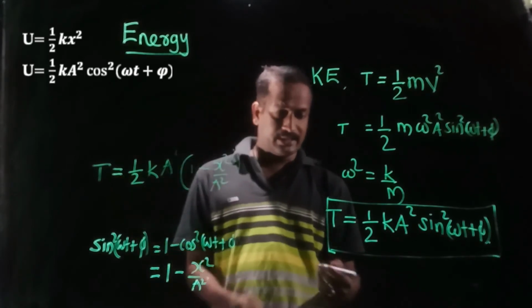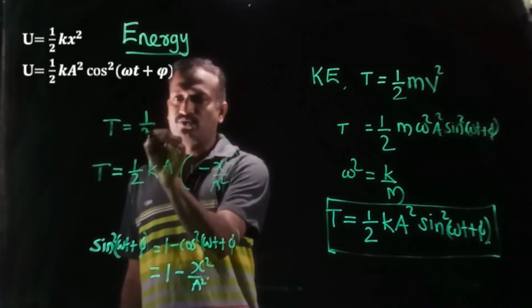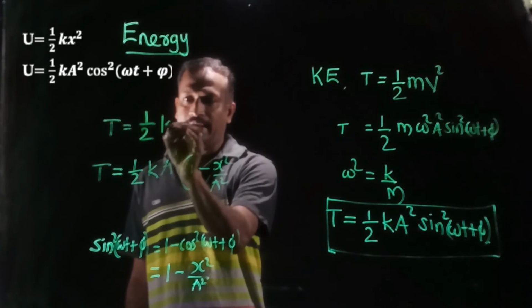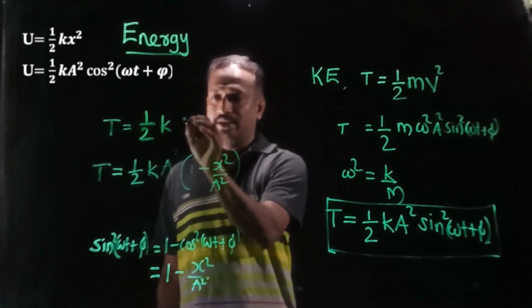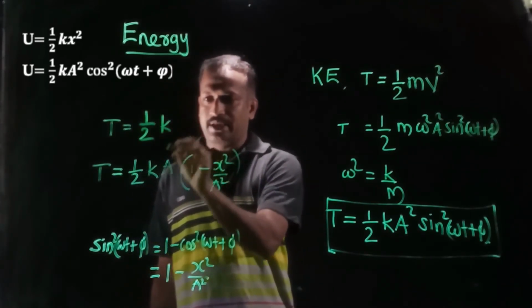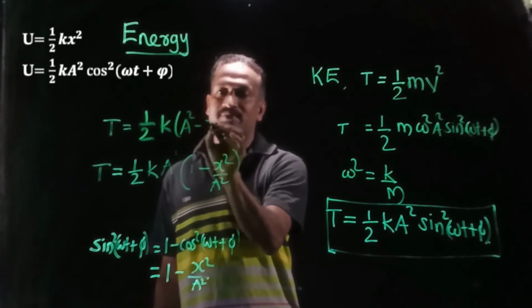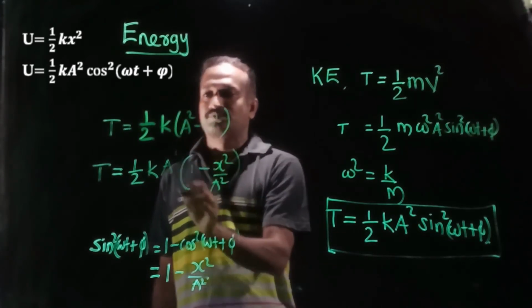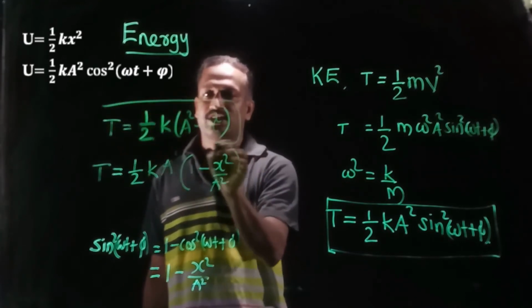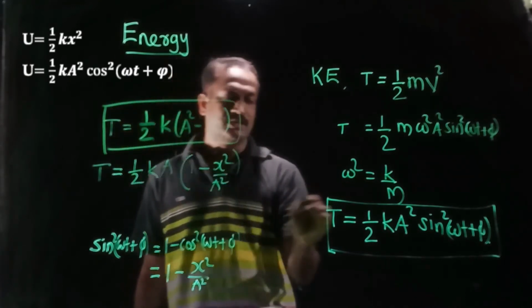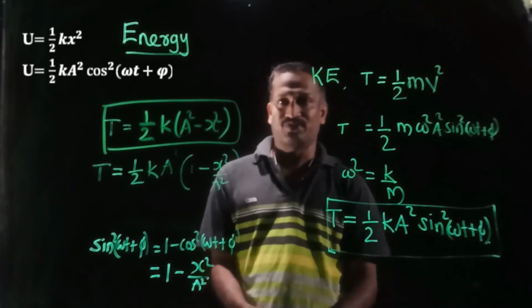That is, the kinetic energy T equals half k into a square minus x square. This is the expression for kinetic energy in terms of position. This is the expression for kinetic energy in terms of time.